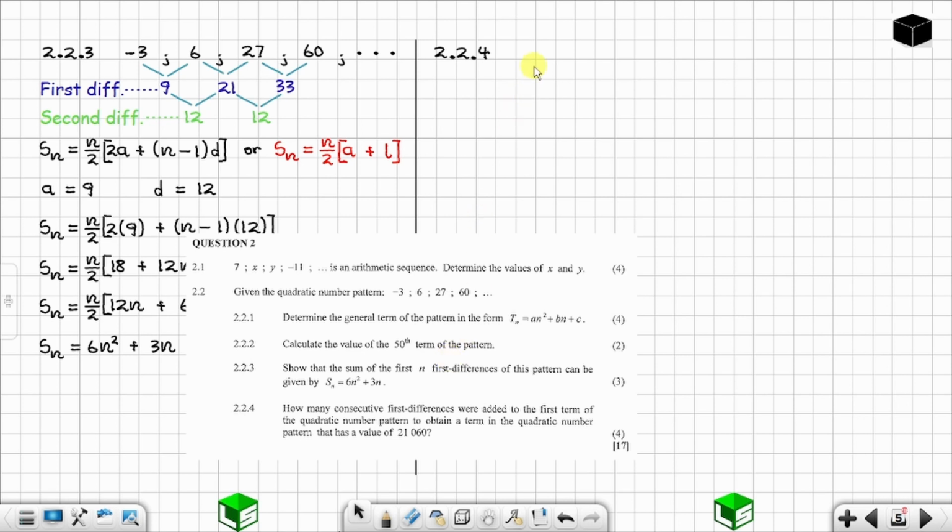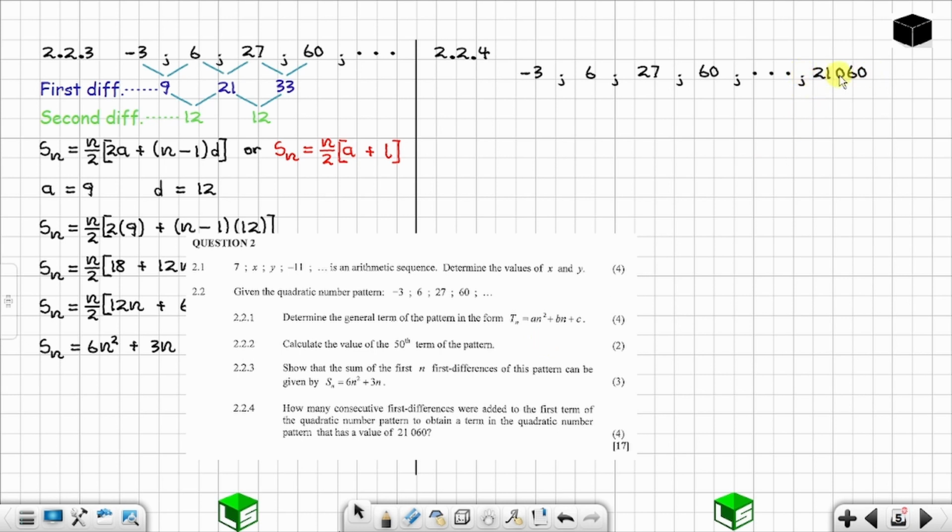Okay, this is the quadratic number pattern as we have it from the previous question, right? We have it here, 27 and 60, right? And now you have terms thereafter 60. You don't know how many terms. And then you have this term, 21,060.